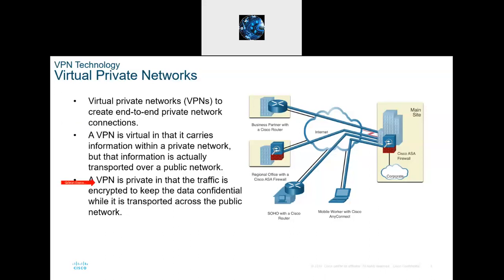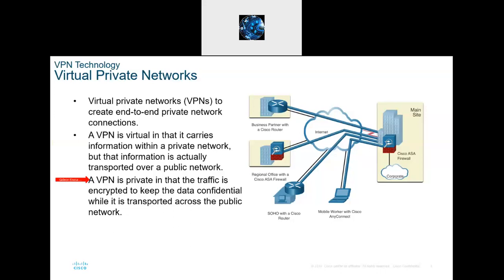So a VPN is private. Let me put it this way: we said virtual, so they're now talking about what makes it virtual. It's not a physical thing, it's a logical thing. So why do you call it private? It is private in that the traffic is encrypted to keep the data confidential while it is transported across the public network.